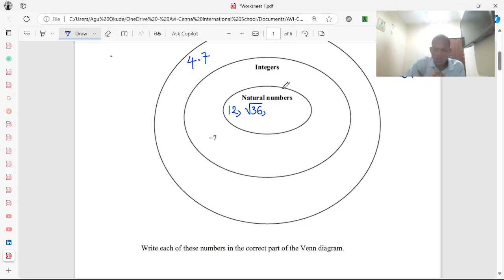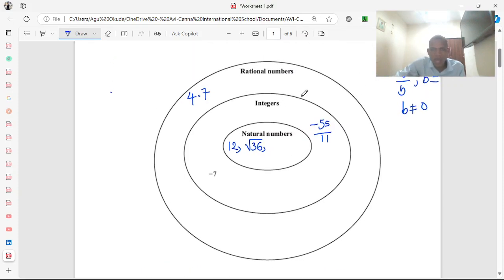So -55 over 11 should come here. It's an integer and it's also rational, because integers are under rational numbers, so that's why I put it here.